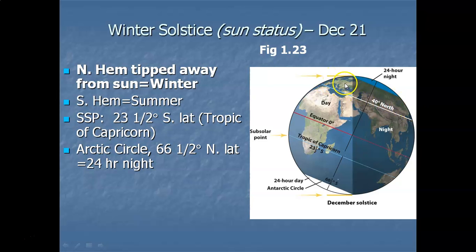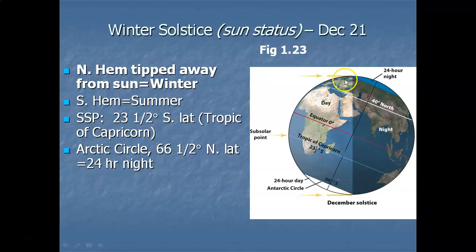And so we've got shorter periods of daylight, and the shorter the amount of daytime, the less potential heating. For us here in Louisiana at 30 degrees north, we usually experience about 10 hours of daylight.